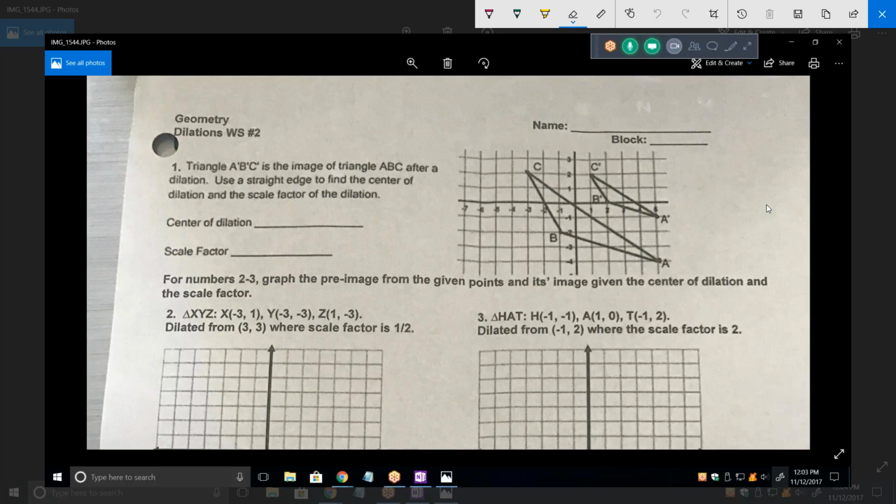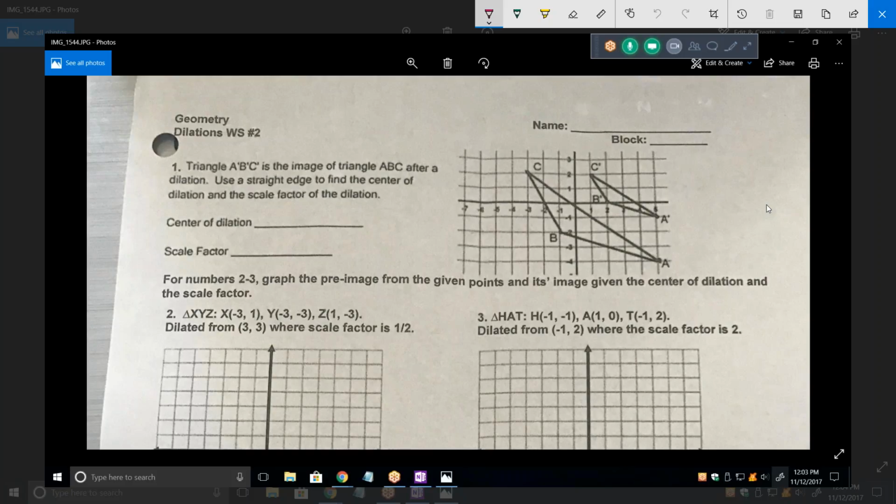If we go from vertex to vertex, which doesn't work because not only has it moved, but there's a scale factor also. Now, the scale factor is actually easier to figure out than the center of dilation.